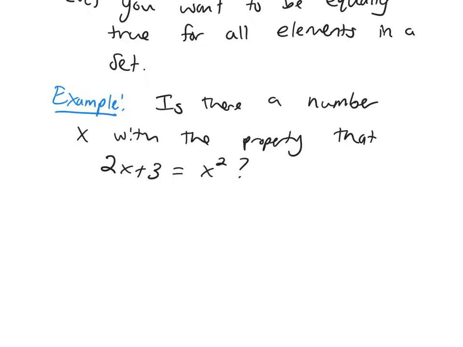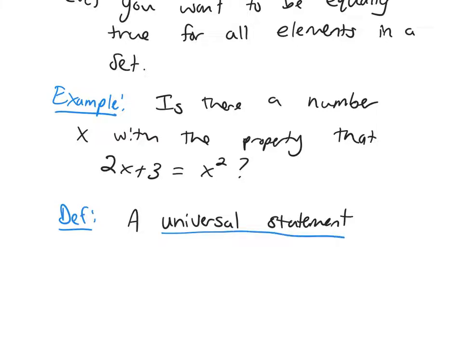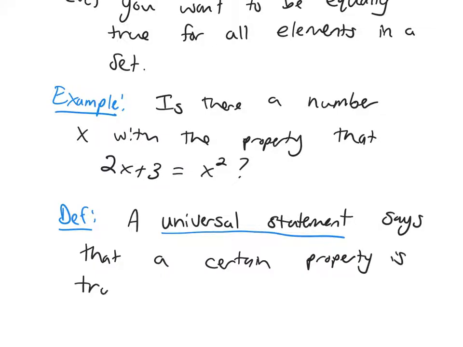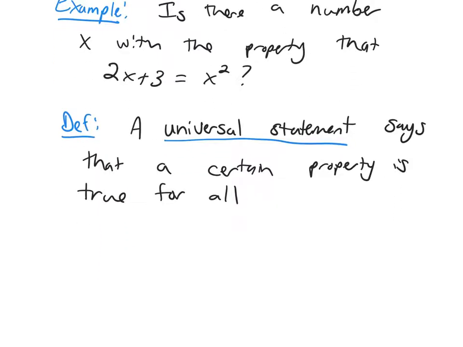Okay, so now let's define a universal statement. A universal statement says that a certain property is true for all elements in a set.